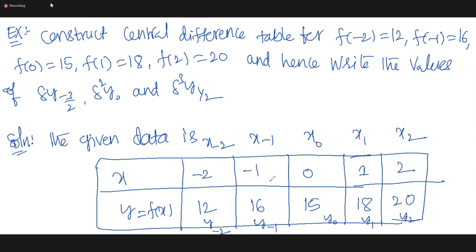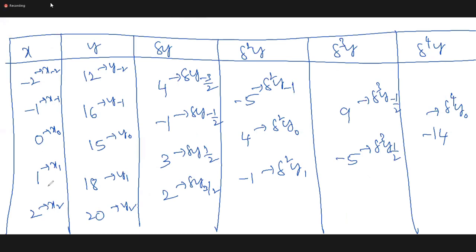Then x1 is 1 and x2 is 2 in this direction, and x minus 1, x minus 2 in the other direction. 12 is y minus 2, 16 is y minus 1, 15 is y naught, 18 is y1, and 20 is y2. So we have x minus 2, x minus 1, x naught, x1, x2 and y minus 2, y minus 1, y naught, y1, y2.